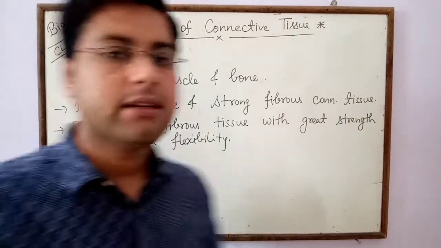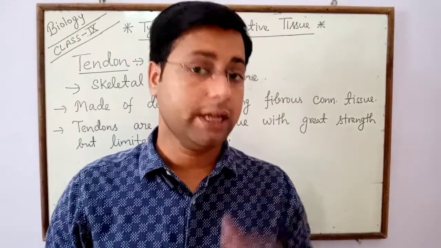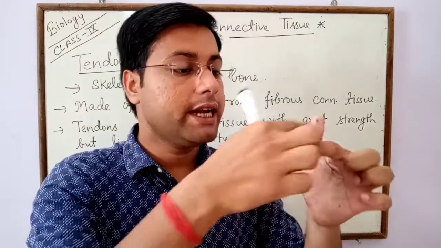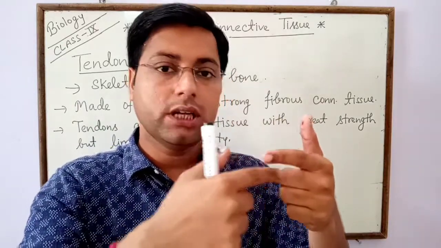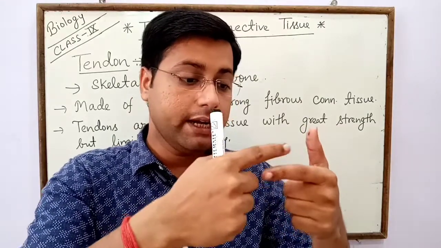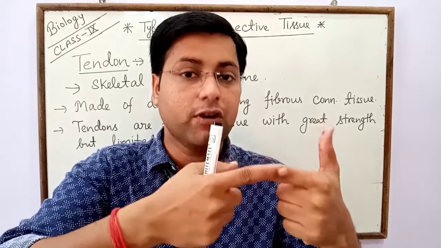Now the next is tendon. Tendon is a type of connective tissue that helps to join the skeletal muscle to bone. The muscles which surround our bones are called skeletal muscles, and skeletal muscle joins with bone with the help of tendon.